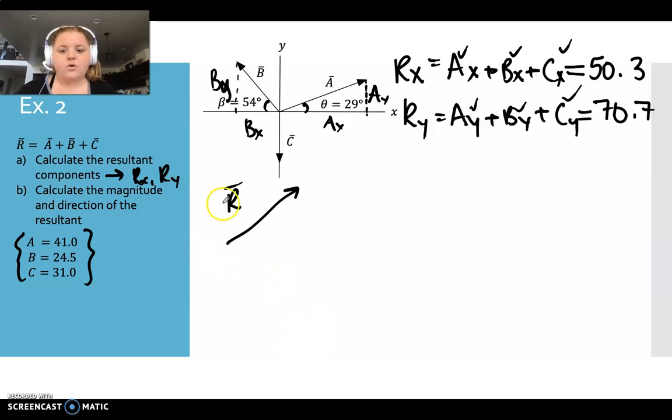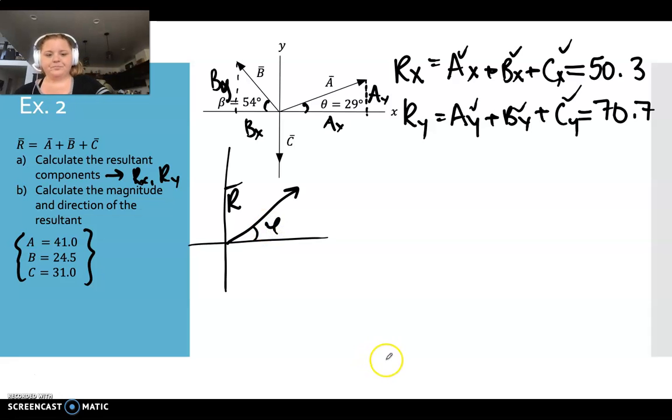What we want to do is figure out this final magnitude, and what angle it is. So this is going to be some angle, I'll call it phi.